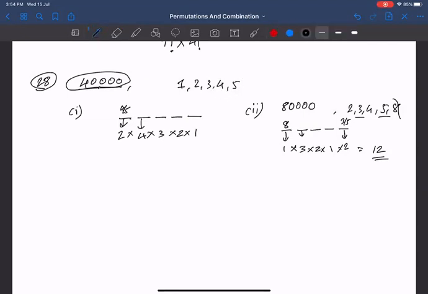Sir, फिर तो used only once लिखता है ना. Oh, it says used only once. Okay. My bad. ठीक है. Number will not be repeated. ऐसा रहेगा.